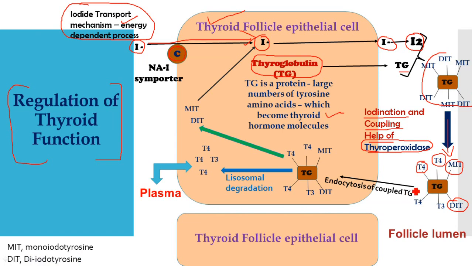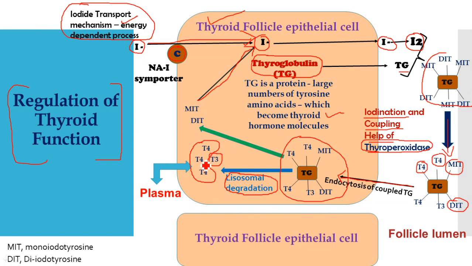Whenever this complex is internalized by endocytosis coupled with Tg, it undergoes lysosomal degradation, causing release of thyroid hormone, where 90% is T4 and 10% is T3, while the remaining MIT and DIT are converted back into iodine.